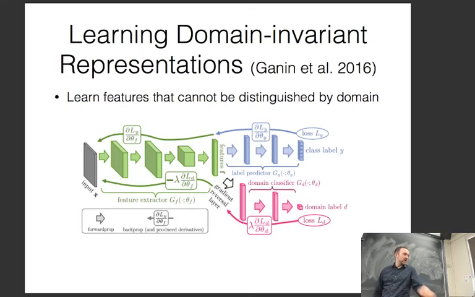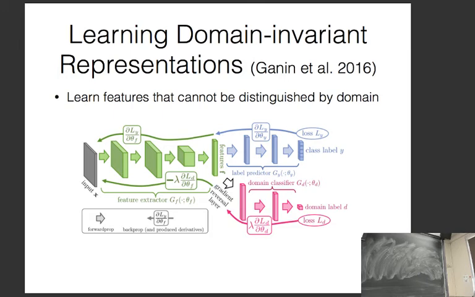So we have a network where we take our input X and do feature extraction up to get feature F. After this, we have our label predictor, a neural network that does classification or any other sort of task.